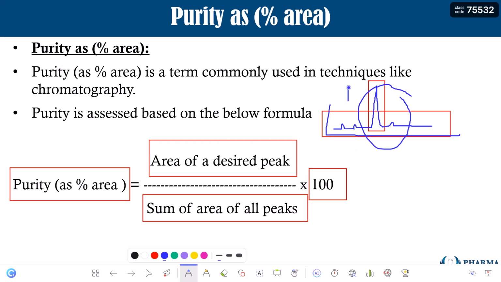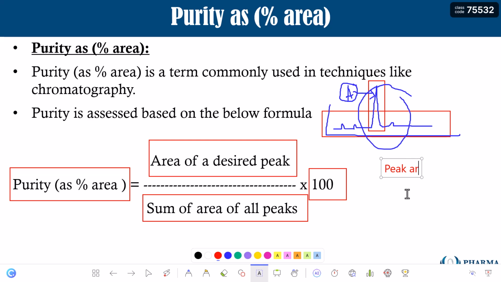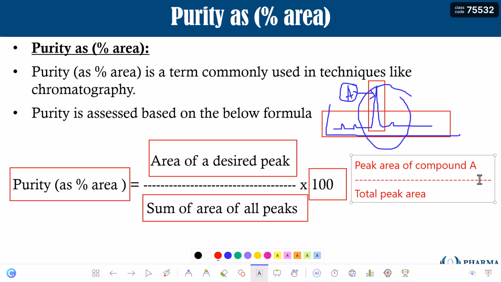If this is the peak, or the compound A belongs to this particular peak, and if I want to calculate the purity of this compound A, I need to understand the peak area of A. To simplify further, peak area of compound A divided by total peak area, and then to convert this into percent, we need to multiply this by 100.